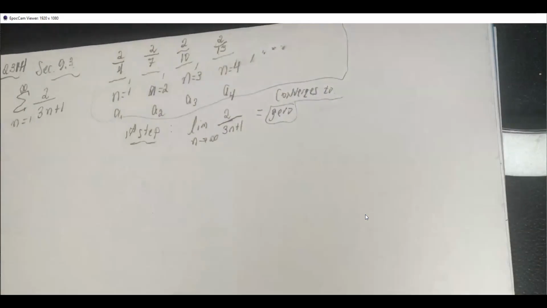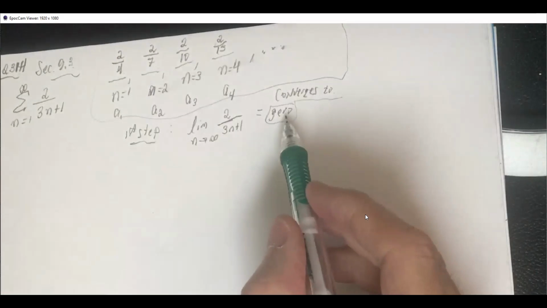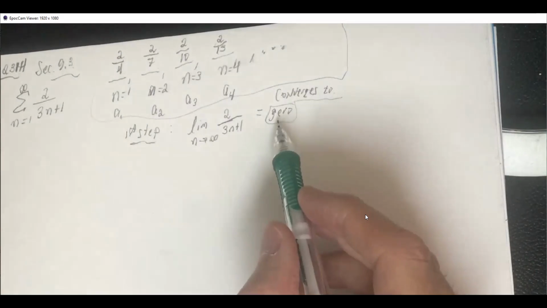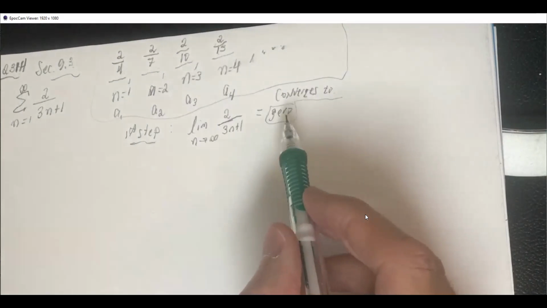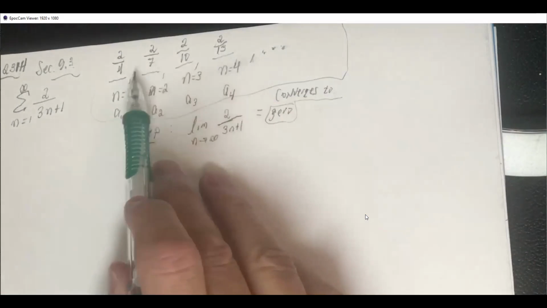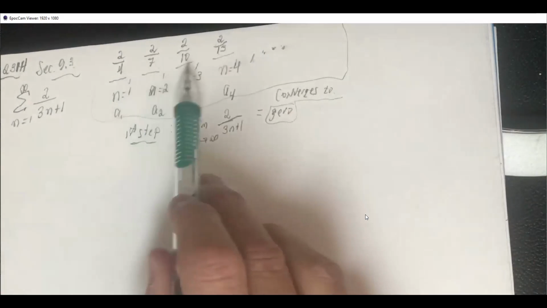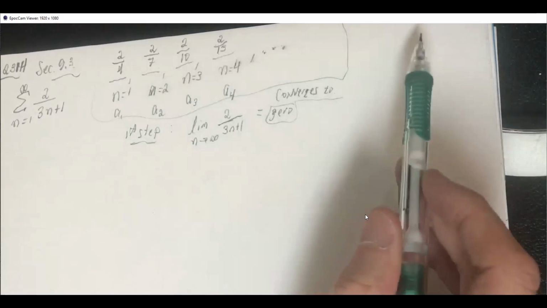And remember, if it converges to a single finite number other than 0, well, then we would be done as well. Pretend they converge to 3, that would mean as you go out forever, these individual terms would get closer and closer to 3.